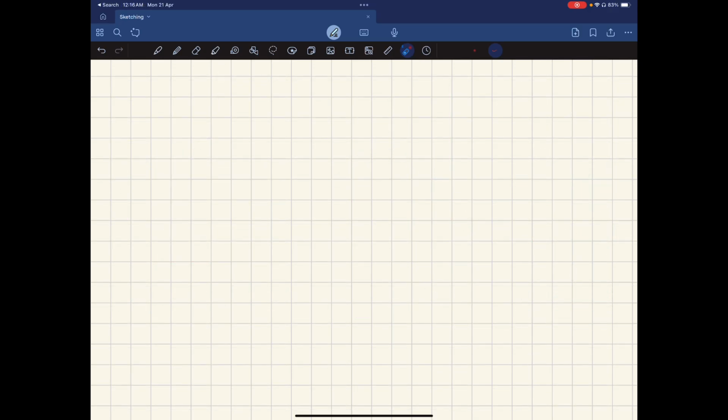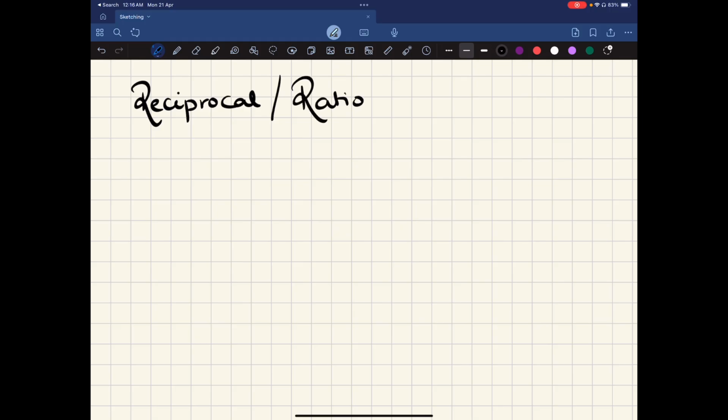Now our 4th kind of function, reciprocal, also known as the rational function. Again, I would suggest don't be scared of these functions.